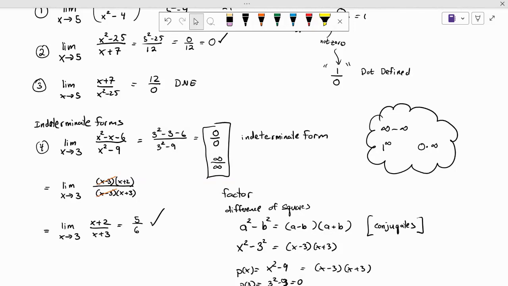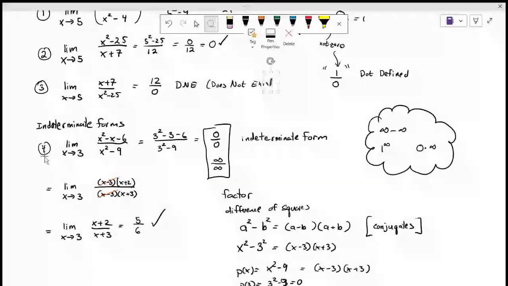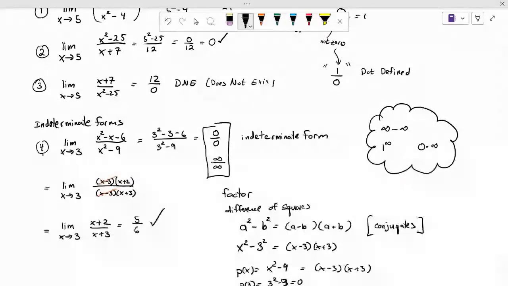So when we say DNE, we mean does not exist, meaning the limit doesn't exist. So a number is not a valid answer because this is not defined. This is the answer they're looking for. You want to specify that the limit in fact does not exist. You don't get some illegit number.